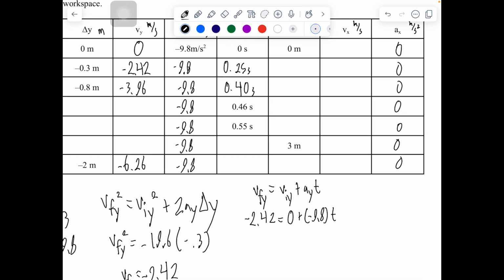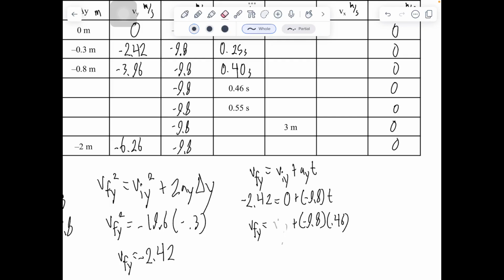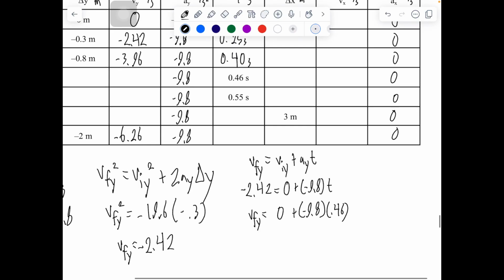You could do this in the reverse. Take that initial velocity, acceleration, and if you have a time, say take the time of 0.46 seconds. We know that initial velocity is 0. So 9.8 times 0.46, we know that velocity will be negative.